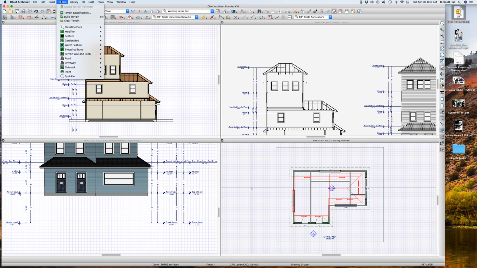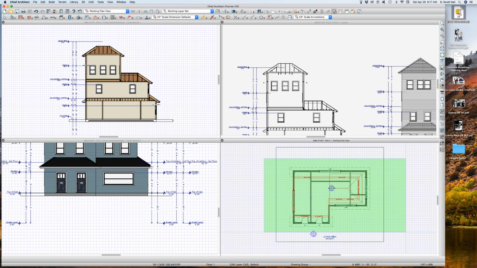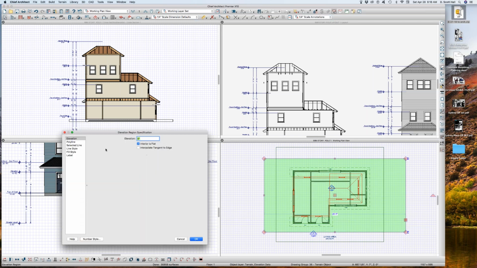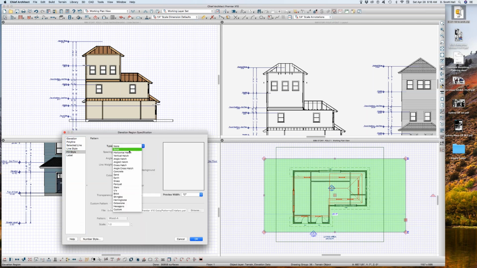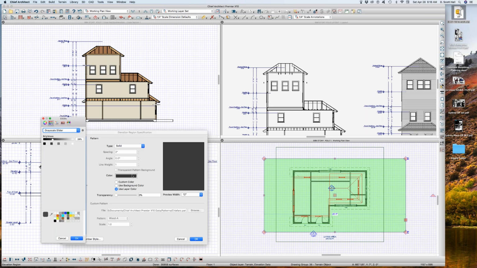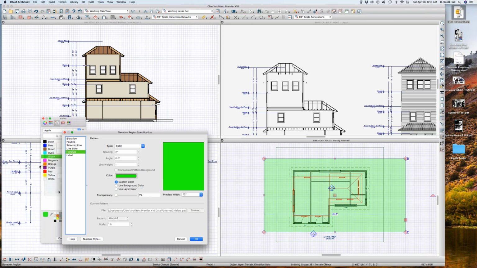So this is what I do. I come over to my terrain right here, get the elevation region, and give it a fill. This is just so you can see what this is. I've done videos on these stupid terrains, and I'm going to give it a fill just so you know that's always there. Fill, solid, give it a green color. About green right there.